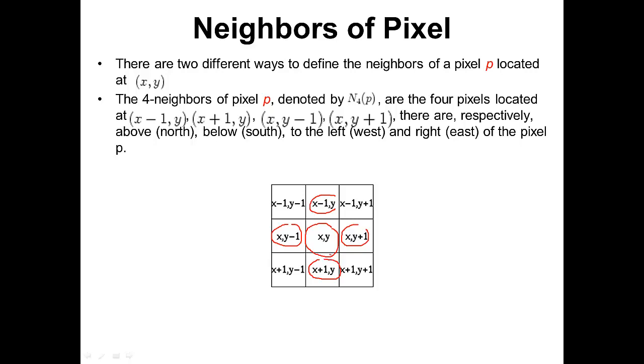We call these 4 pixels the 4 neighbors of the pixel P here. In image processing, we also call this the 4-neighborhood. This 4-neighborhood includes 5 pixels: it's not just this one, this one, this one, this one, it also includes itself.